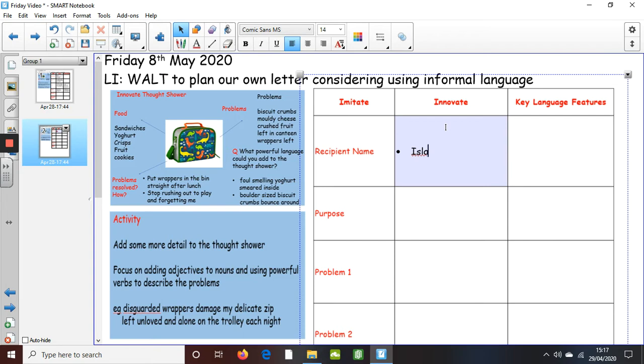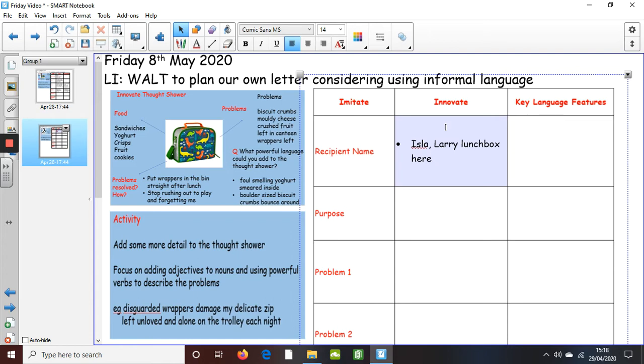The crayon says Duncan. He says Duncan grey crayon here. So we're going to change it to Isla. Larry Lunchbox. We'll call him Larry Lunchbox. Because as we're only innovating, we don't need to change too much. Change the name and we've changed it to a lunchbox. And he says, "You're killing me."